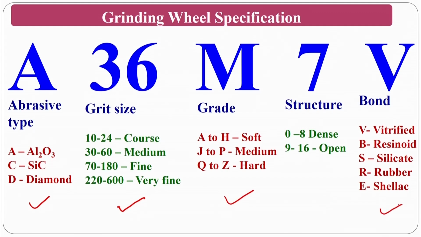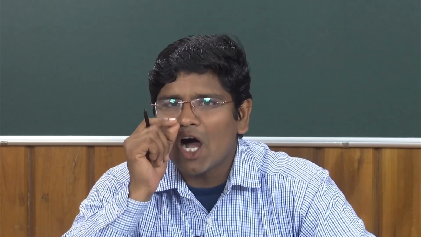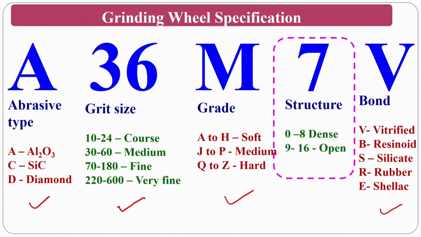We have seen all these things, but whenever it comes to the cutting fluid, abrasive type doesn't have much say and grit size also doesn't have much say. Grade, which is part and parcel of the grinding wheel, also doesn't have much play, and bonding is also part of it. The only thing that slightly helps the cutting fluids is how the particles are spaced in between.